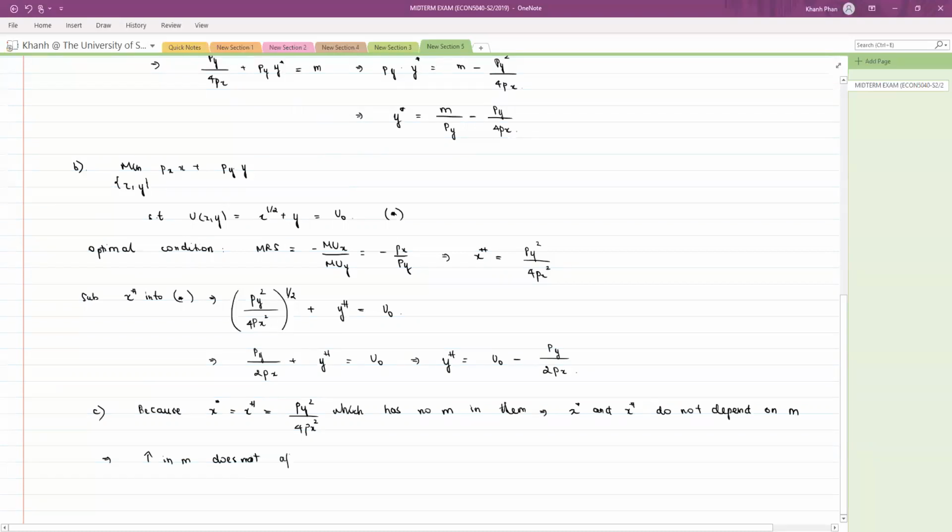It does not affect the Marshallian and the Hicksian demand for good x.